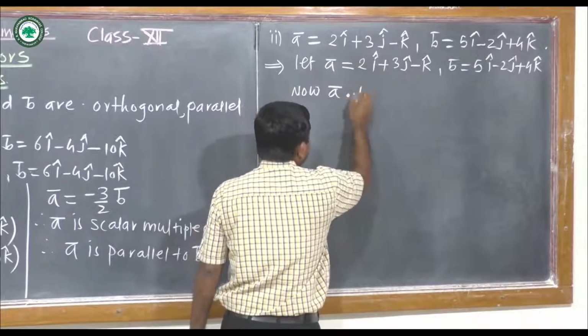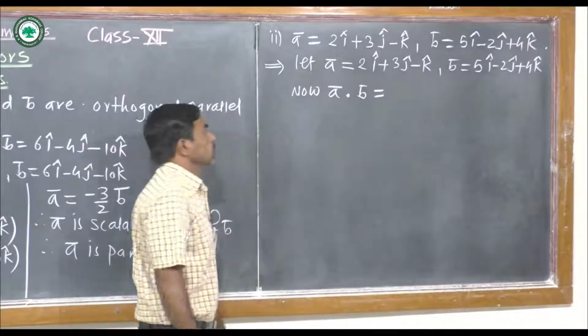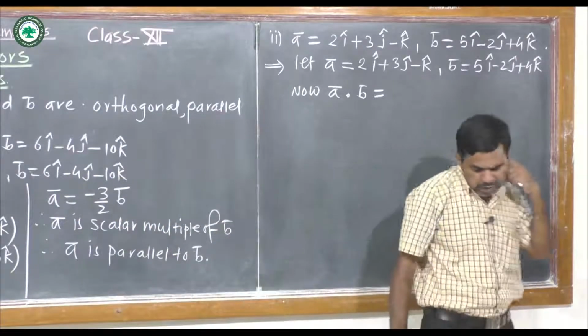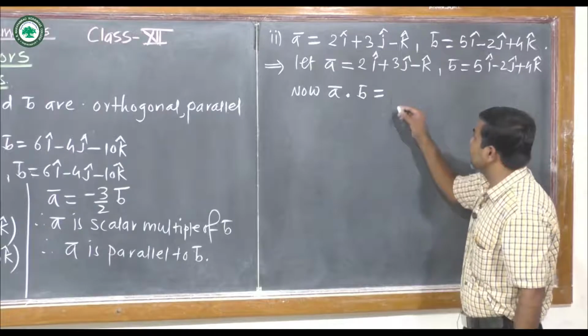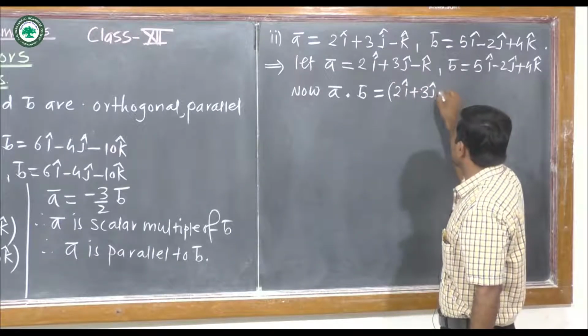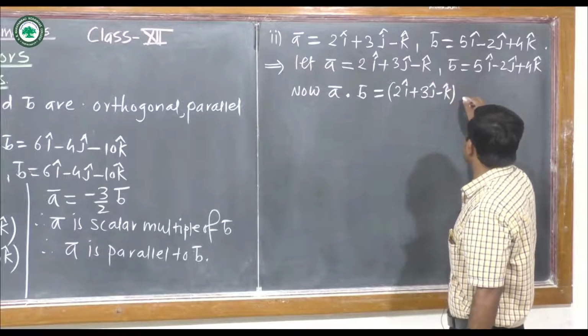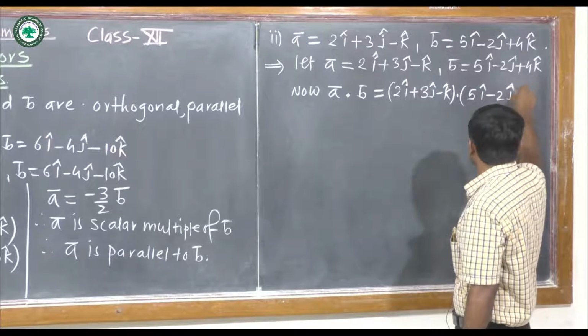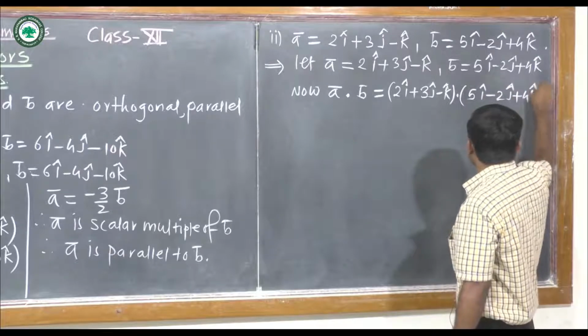Now A bar dot B bar is equal to the dot product of these two vectors: 2I cap plus 3J cap minus K cap dot 5I cap minus 2J cap plus 4K cap.